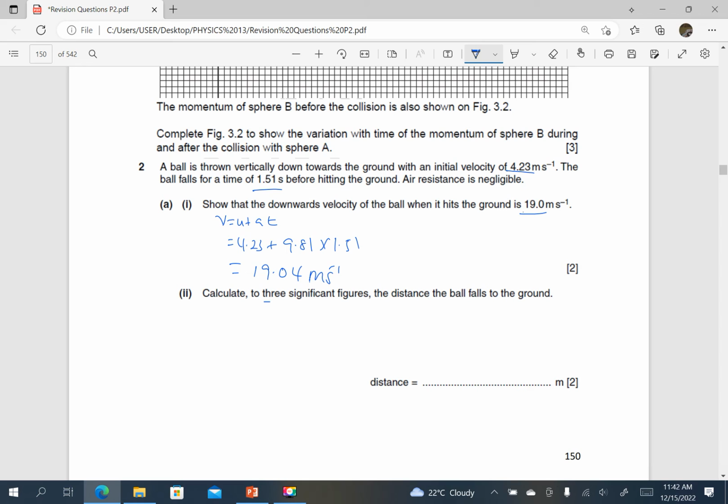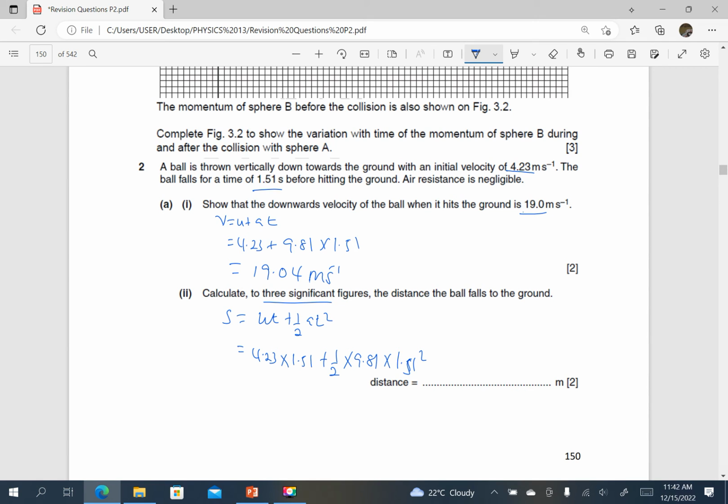Calculate to three significant figures the distance the ball falls to the ground. So s is equal to ut plus a half at squared, because I want a distance. So our initial velocity is 4.23. The time it takes is 1.51, plus a half times 9.81 times the time, which is 1.51 squared.